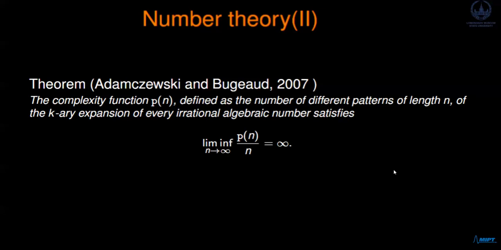So this property of infinite complexity shows that the expansions do not settle into predictable repeating patterns. Instead, they exhibit a growing diversity of subwords, which aligns with our intuition that irrational algebraic numbers are highly complex or random in essence, though they are deterministic.